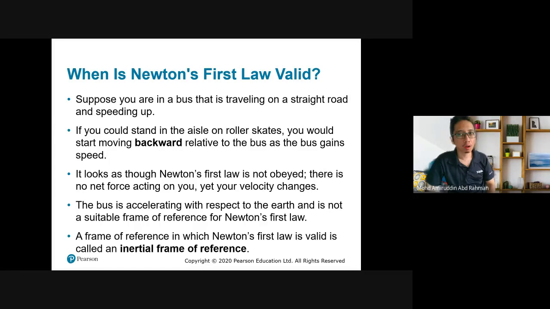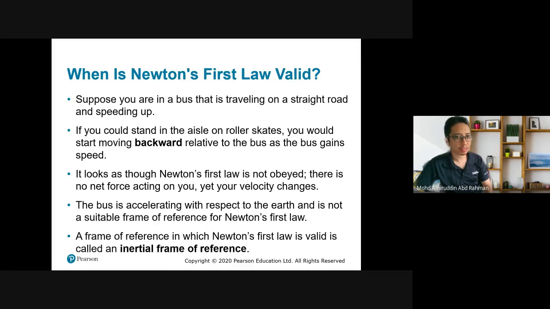Okay, so when is Newton's first law valid? Suppose you are in a bus that is traveling on a straight road and is speeding up. That's one situation where Newton's first law is valid.